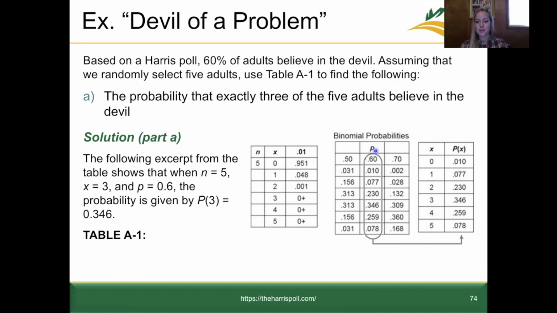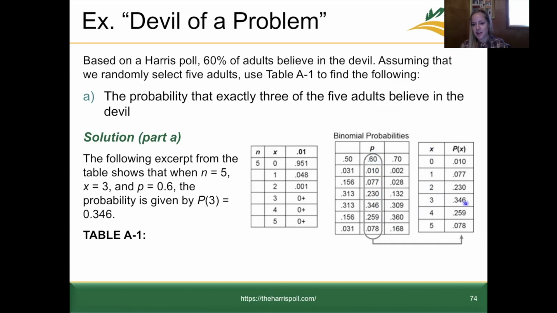So then we find our proper p-value, but we also have to match it up with the x or s number of successes. So really then we're in n equal to 5, x equal to 3. In our column where our p-value is 0.6 up top here, then we go down and find our correct corresponding x value. The way that you'll see this is our corresponding x value is 3.